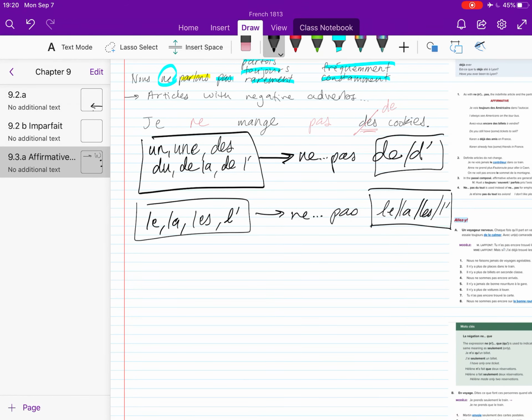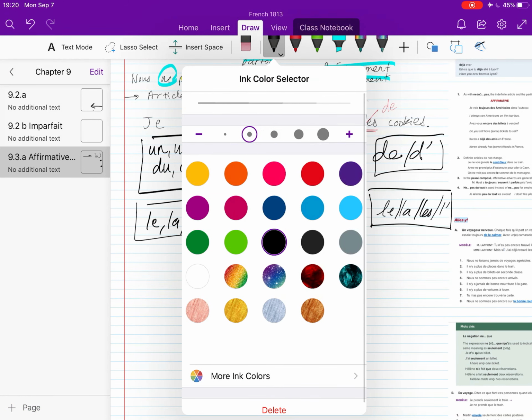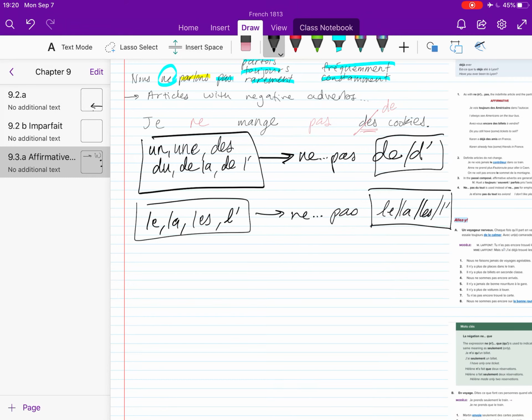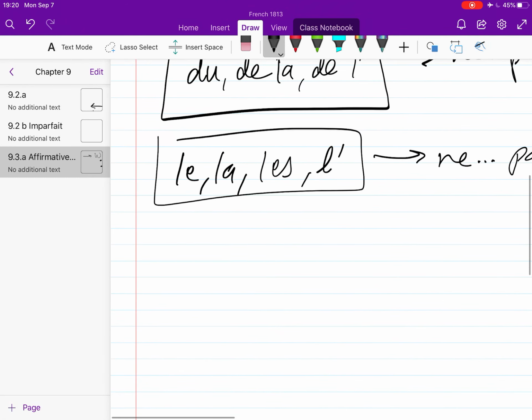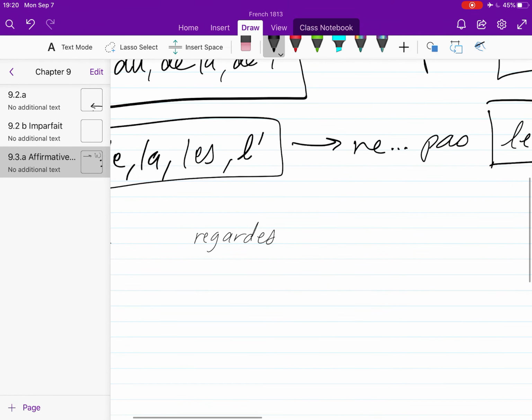And why is that? So let's think through a couple of examples. I think that would probably be the most helpful for us. Let's say that I said, tu regardes les chiens.